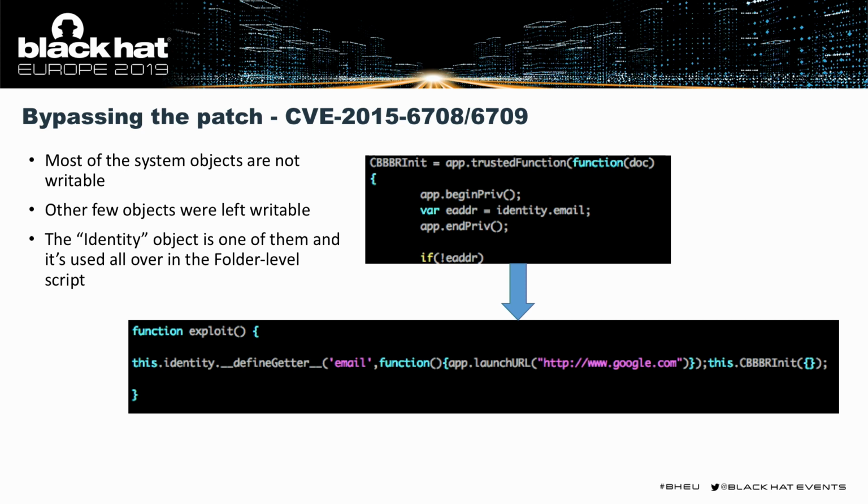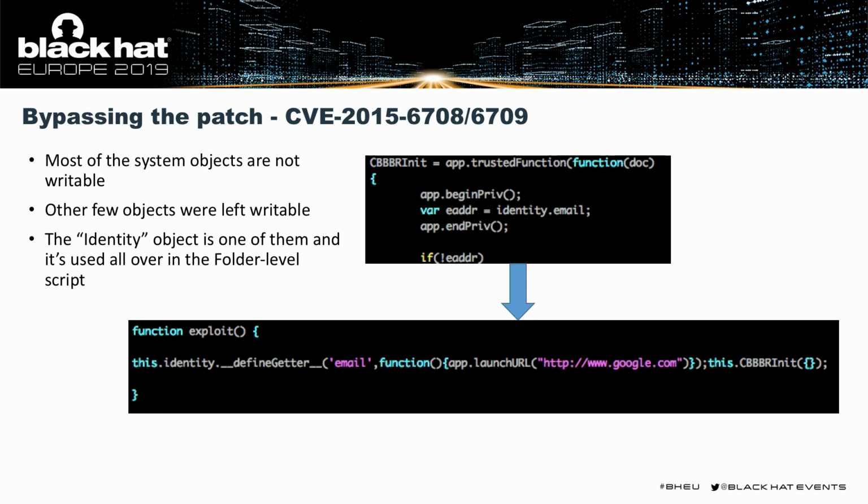One of the objects is identity, which is still writable, by the way. Identity contains all the information of the current user who's using that application. It contains his username, his login name, his email. And if we run a search for identity in the folder level script, we will notice that it's used all over the place.